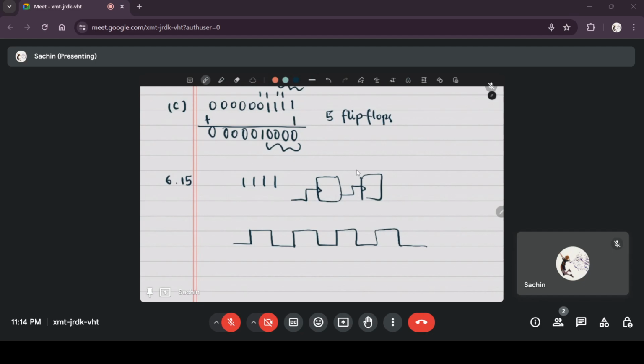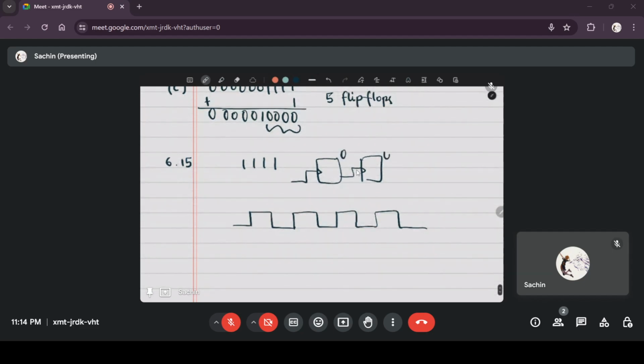Initially it is in state 00. This is Q1, this is Q0. The first clock pulse occurs. Q0 must change, it should have toggled there itself, but because there's a delay, it will change after some time.